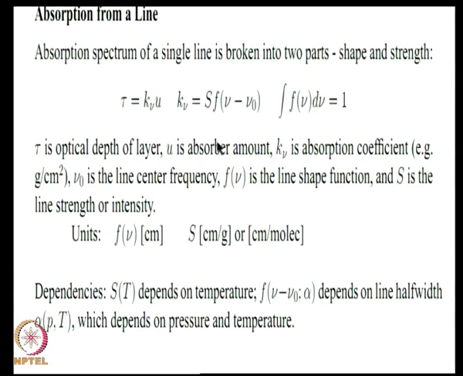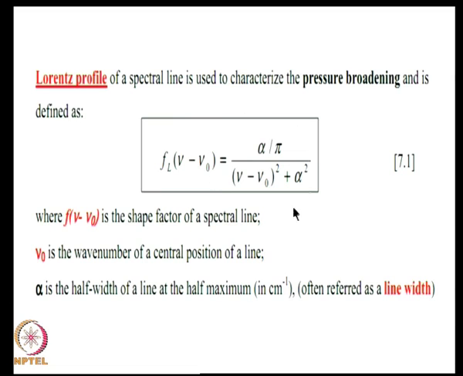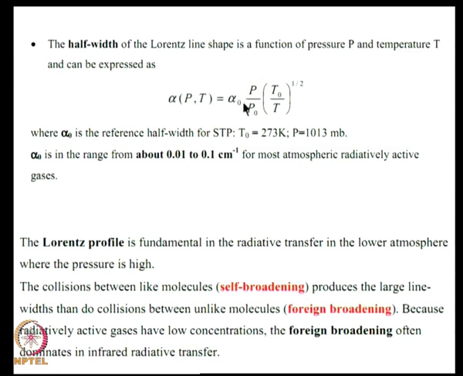So, we saw that the typical collision broadening function is like this, and in this function nu 0 is the center frequency and alpha is the line width, and this line width is a function of total pressure. The line width depends on total pressure, and so if you increase total pressure by adding a non-absorbing gas, you will change the line width and hence change the ability of carbon dioxide to absorb radiation.